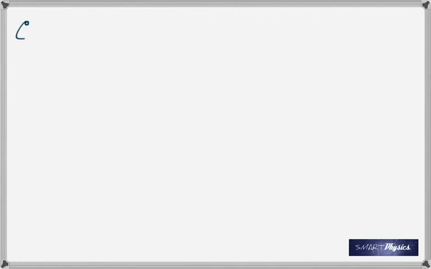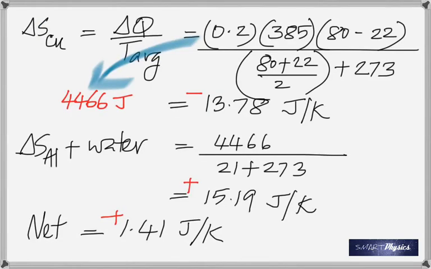Maybe I stopped it. Yeah, it's positive. I had stopped it before the next line could come up. The change is always positive: 15.19 minus 13.78.